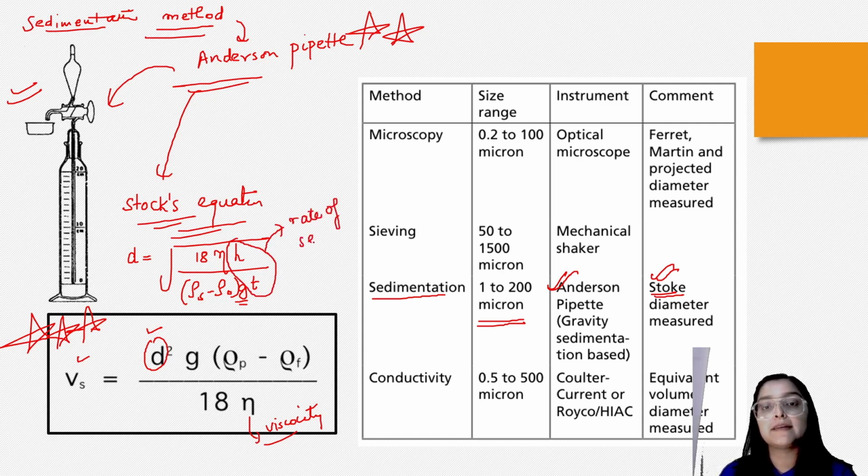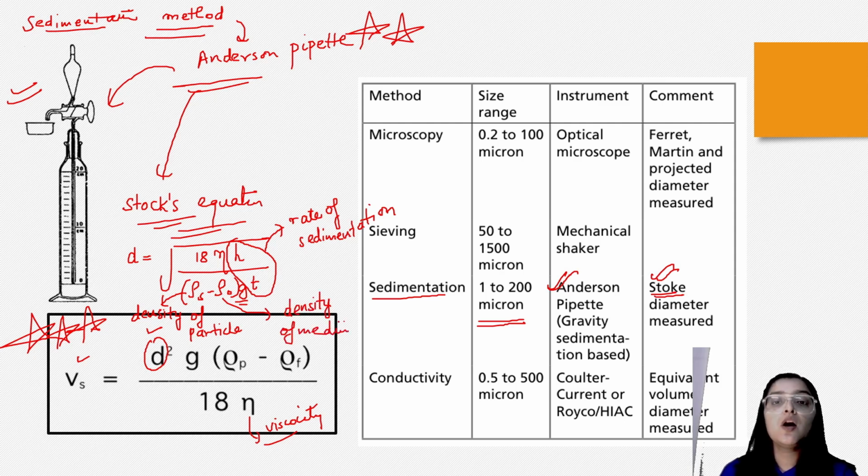This h by t is the rate of sedimentation. This δs is the density of the particle, and this is the density of the medium.